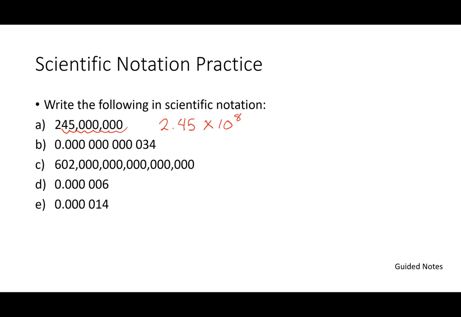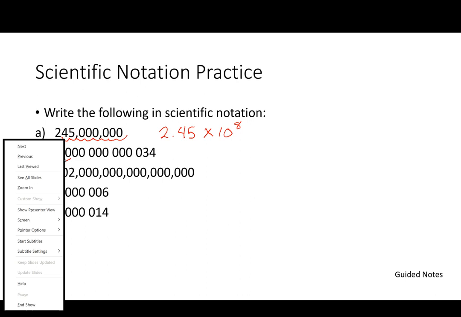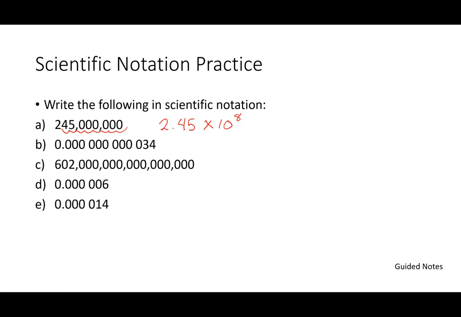Okay. It works the same way backwards with very small things. So let's look at this one. The decimal place is right here. Let's move it. Oops, sorry. Let's move it 1, 2, 3, 4, 5, 6, 7, 8, 9, 10, 11. Remember that we have to have that leading digit.